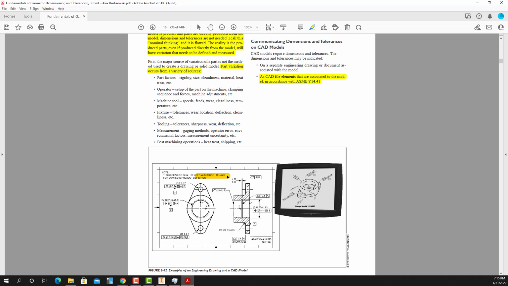And what you have to do is you have to call out that model. You have to show the X, Y, and Z from the model so that people can orient it. And then you put your GD&T there, and it says go here for the complete product definition. In the future, guys, it's called model-based definition, MBD.